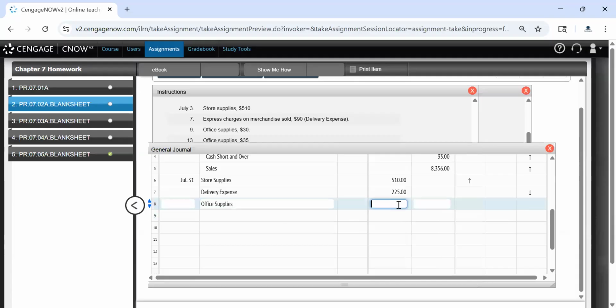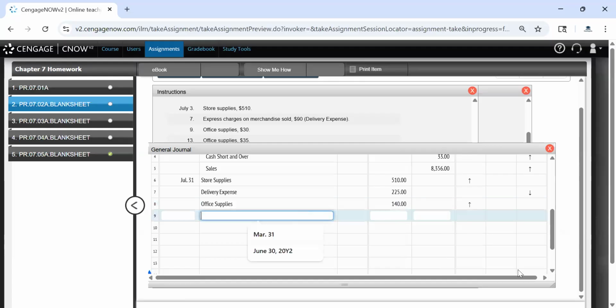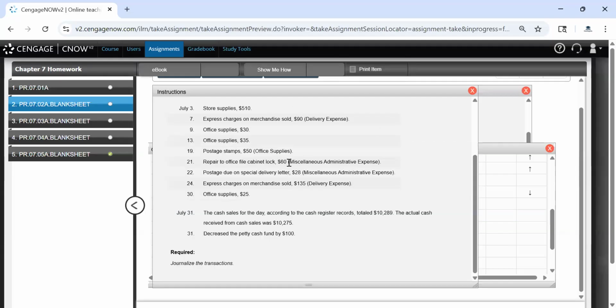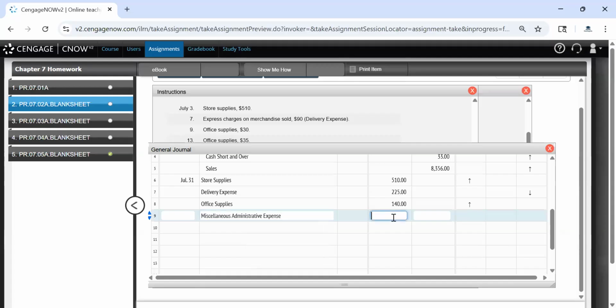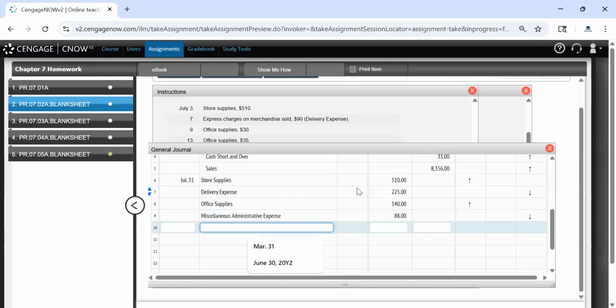And that comes out to a total of $140. And then we have a couple of miscellaneous administrative expenses, and that comes out to $88.